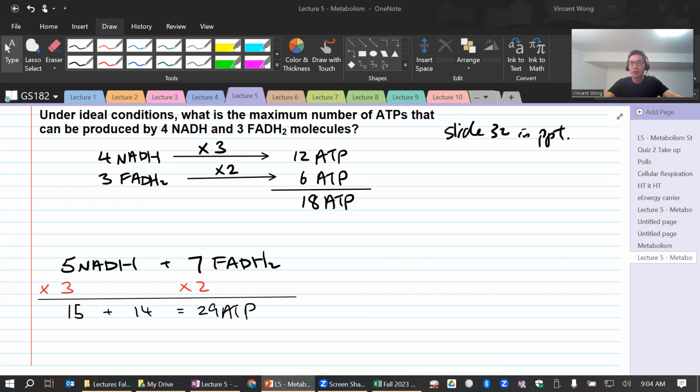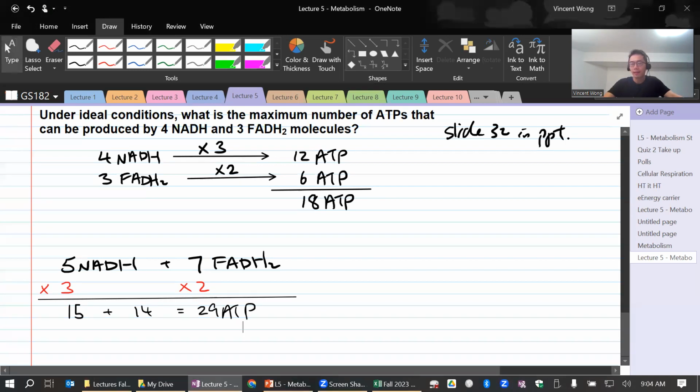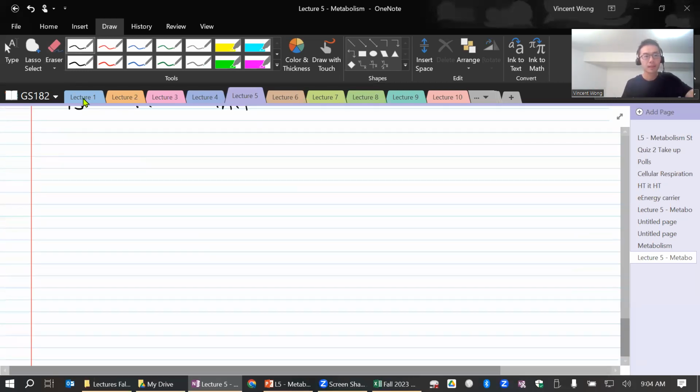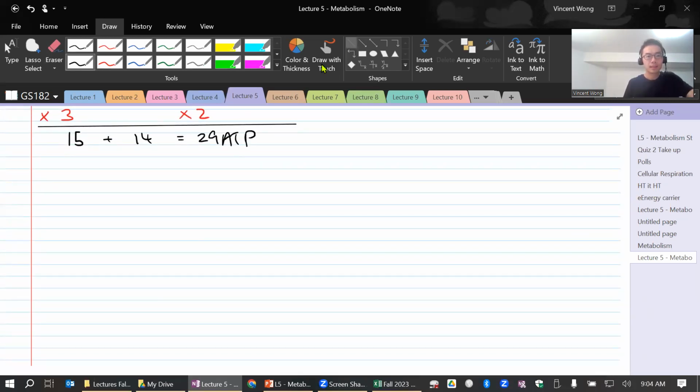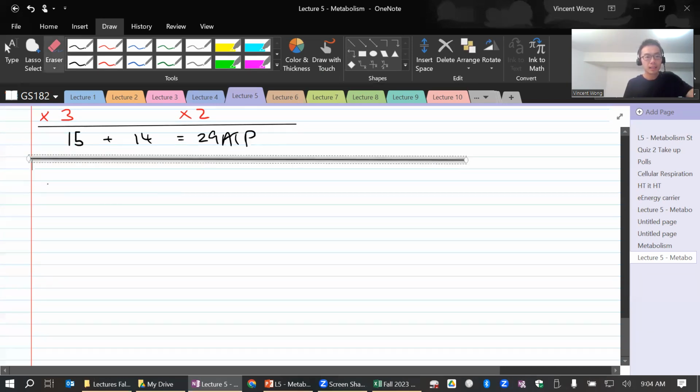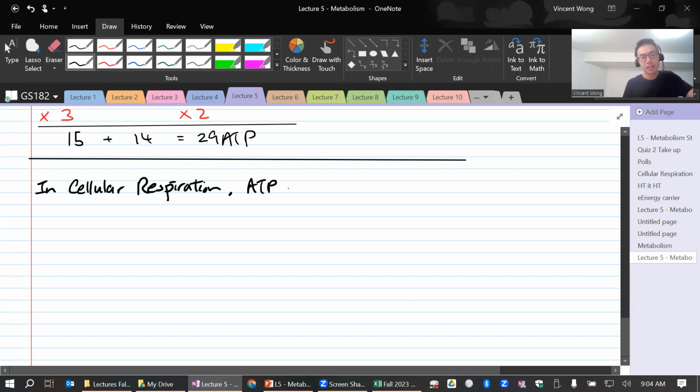Now we're gonna move on to the next concept. In cellular respiration, ATP molecules are produced in 2 ways.